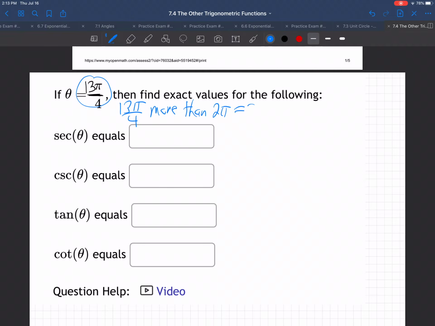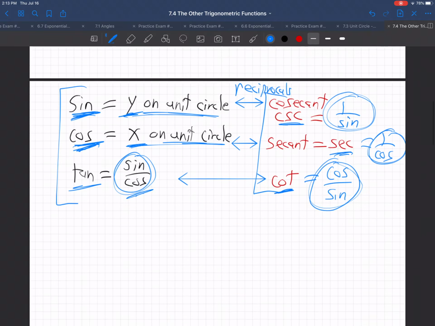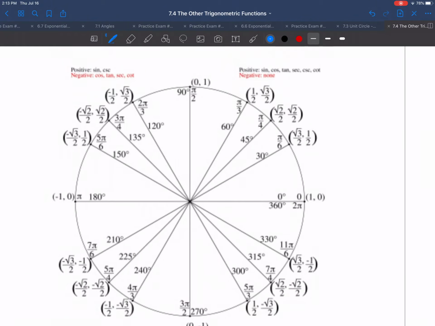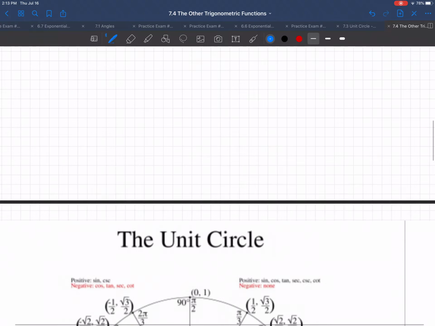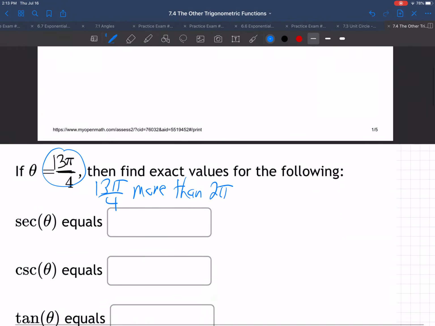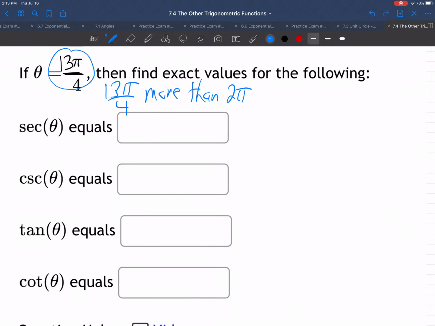Because 2 pi is 8 pi over 4. Let me show you how I got that. 2 pi is all the way around the unit circle. That's 360 degrees, right? Pi is halfway around, 180 degrees. So my point is that 13 pi over 4 is more than all the way around.